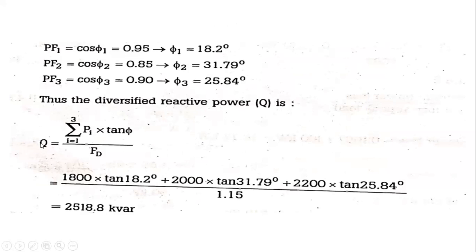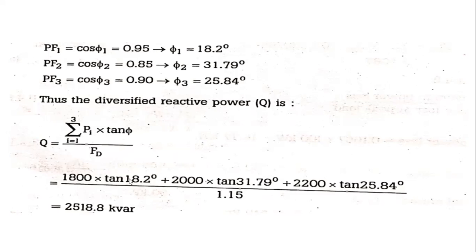Reactive power Q is equal to sigma i equal to 1 to 3. We have three demands, that's why we are taking this Pi into tan phi by Fd.